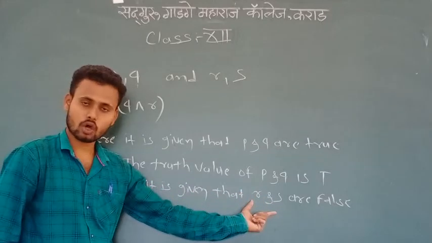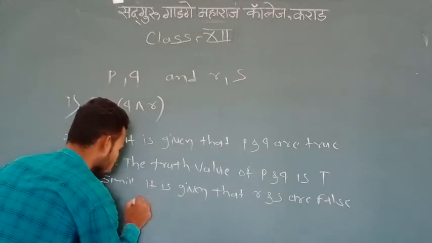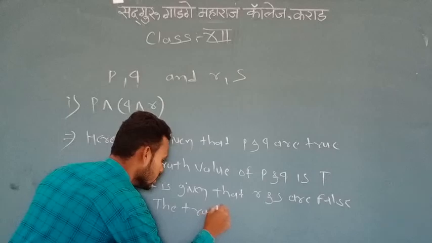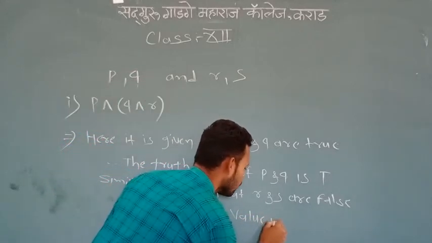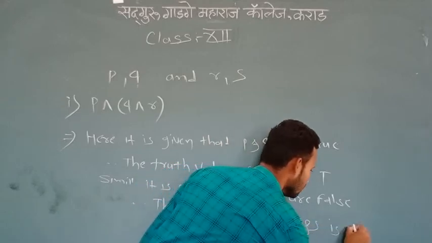These two statements are false. Therefore we say that the truth value of r and s is F.